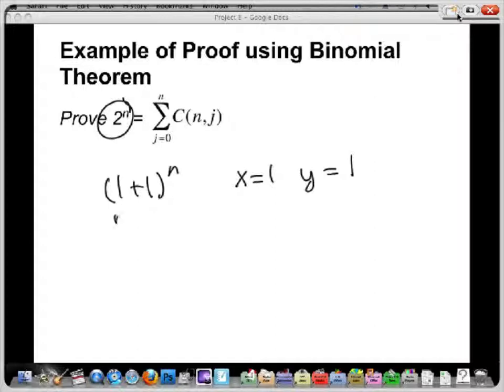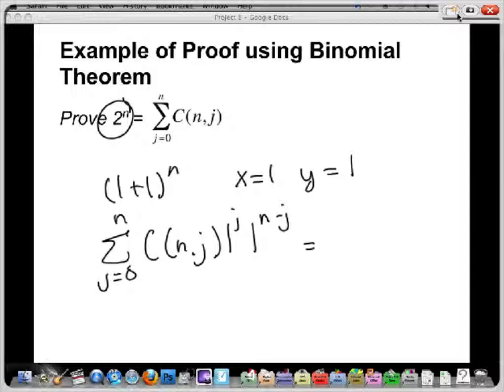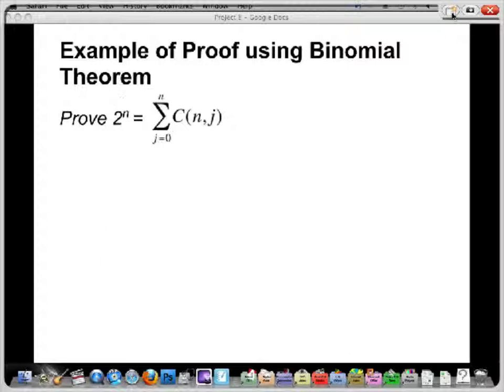So we can apply the binomial theorem here to get this, where 1 to the j and 1 to the n minus j are just 1, which is equal to the sum of n choose j, which is what we were looking to show. Pretty simple and straightforward.